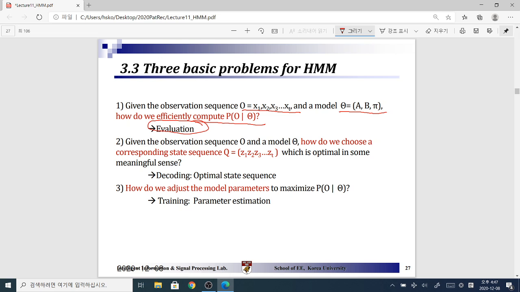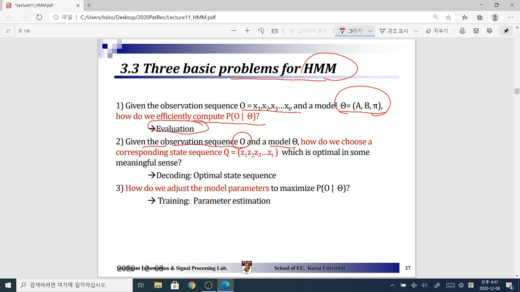That's one of the three fundamental tasks that we need to do using HMM, or three basic problems for HMM.